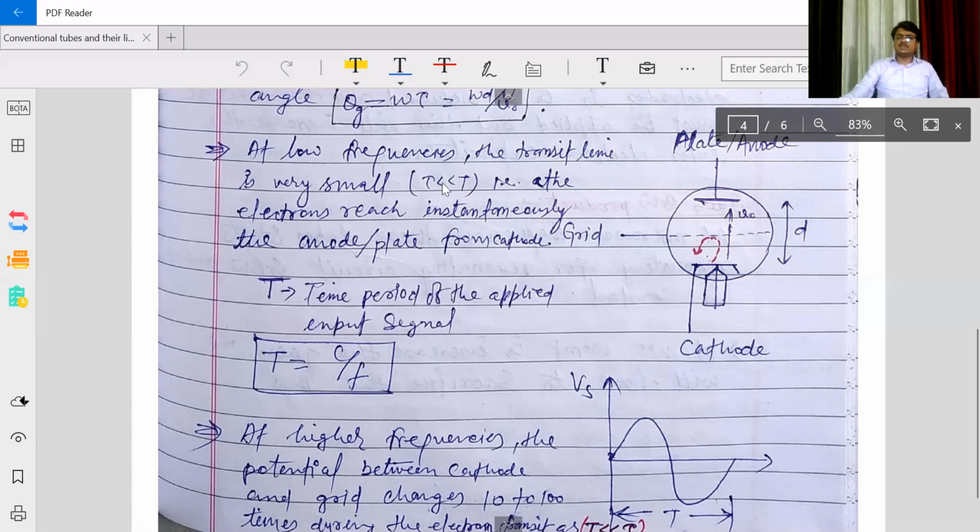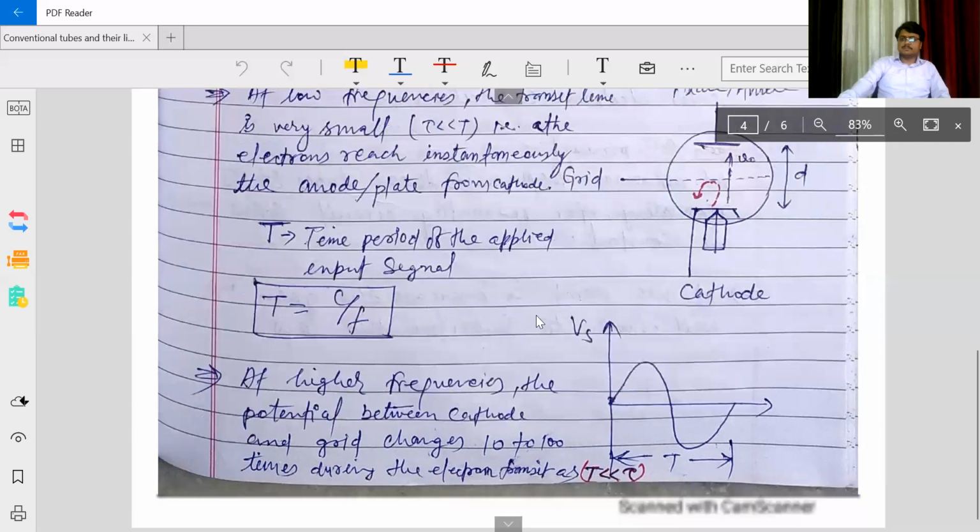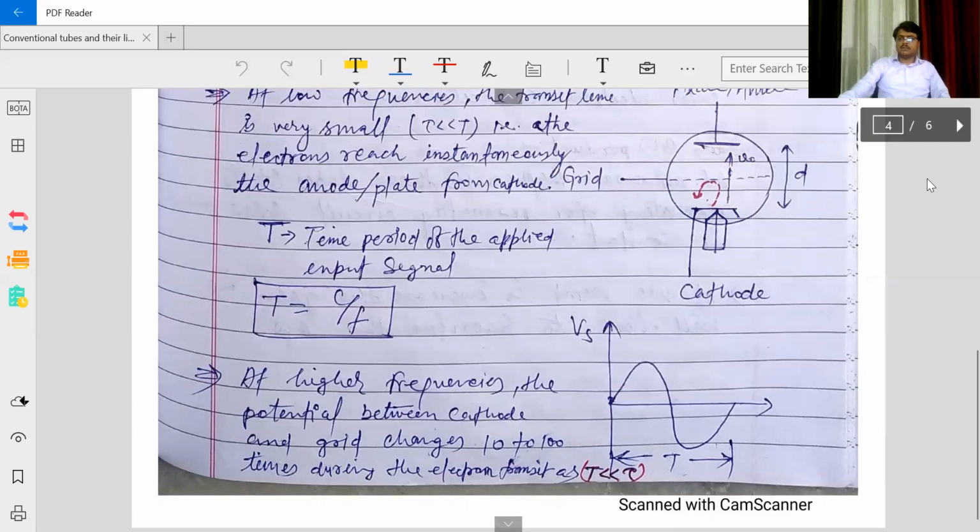So the transit time will be less than T, and there is no problem in the electron reaching from here to here. But at higher frequencies, what does it do?